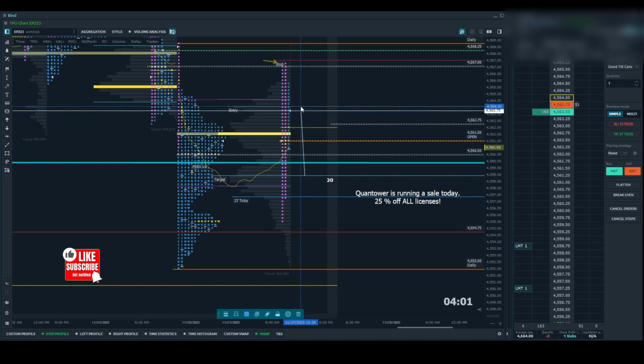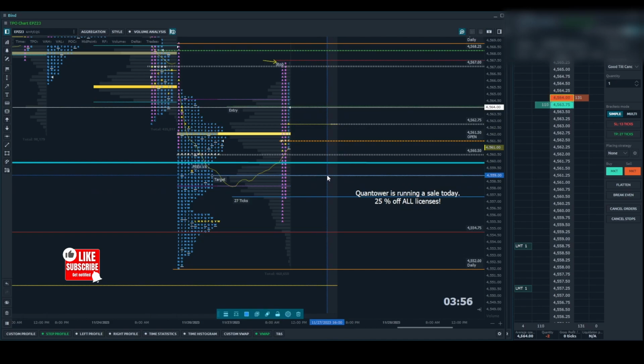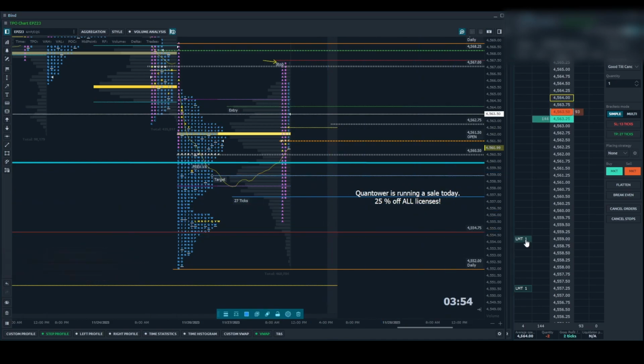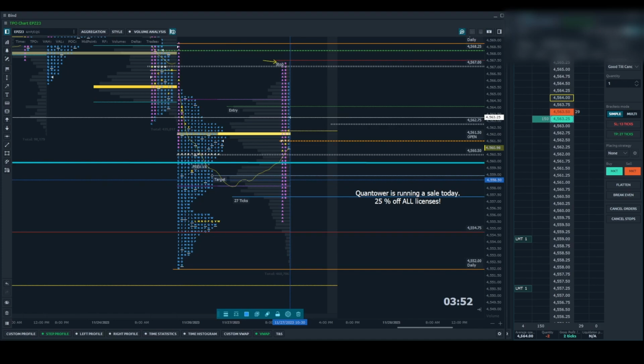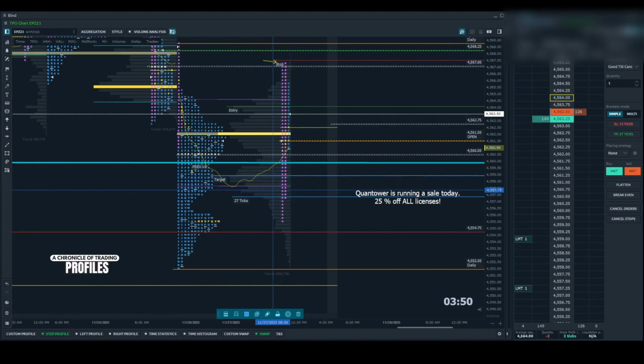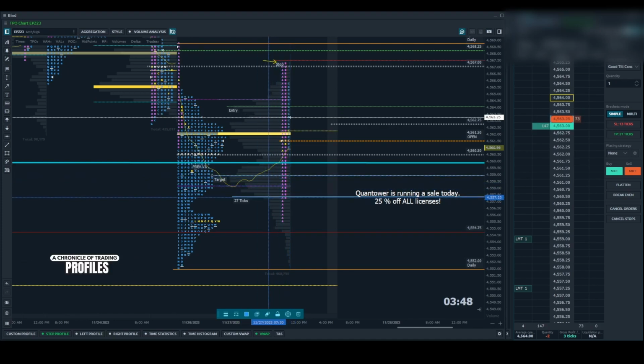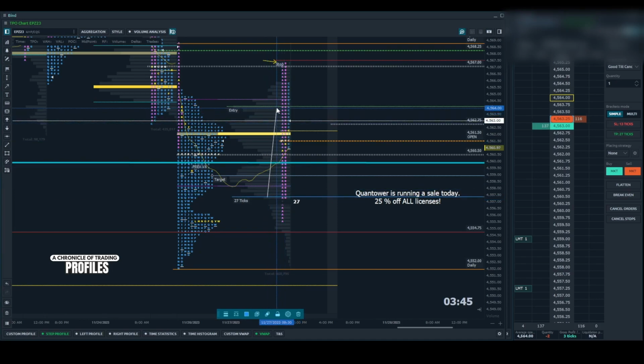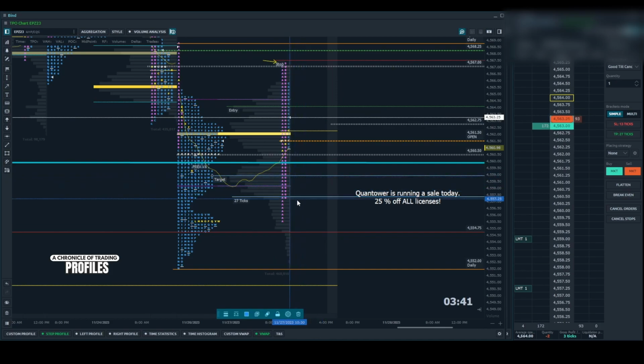Gives me 20. I move this one up to front run this value area low. Then I move this one up to be at my 27 ticks. Because like I said, on days like this, I'm better off taking those shorter targets.